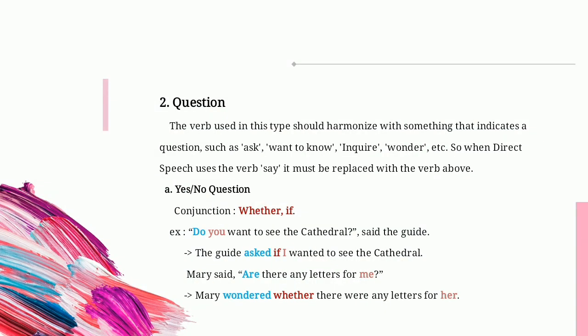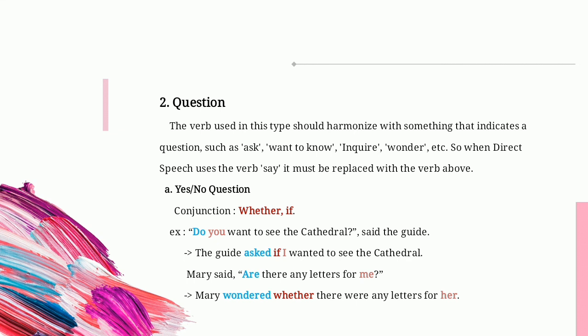Next is question. The verb used in this type should harmonize with something that engages in a question, such as ask, want to know, inquire, wonder, etc. So when direct speech uses the verb say, it must be replaced with the verbs above. A. With yes or no question. Conjunction whether, if.